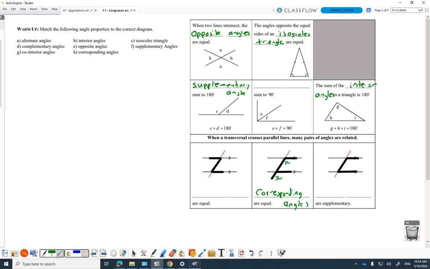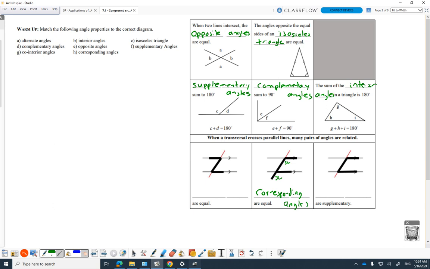And this one's complementary when they add to 90. And it's totally okay even if you saw that you didn't remember, because we don't really use those words all the time. So even if you saw them, you might not have remembered them.